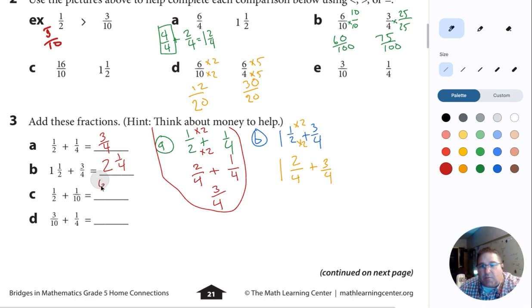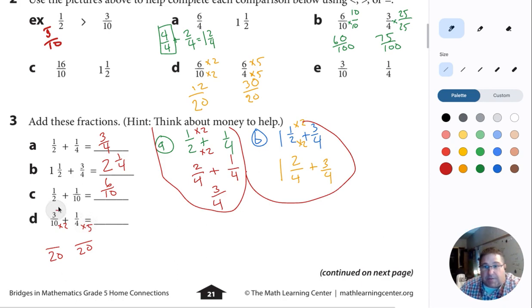The book says a couple ways we could either think about this as 60 over 100. Well, I'm going to put 6/10 because we can keep our 10 for a denominator. And for letter D here, I would get 20 as a common denominator, because I know 10 times 2 is 20, and 4 times 5 is 20.